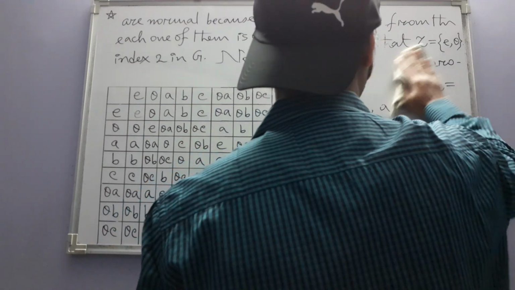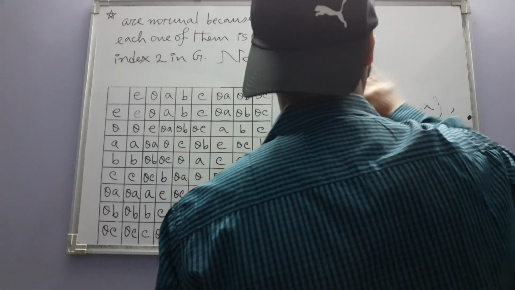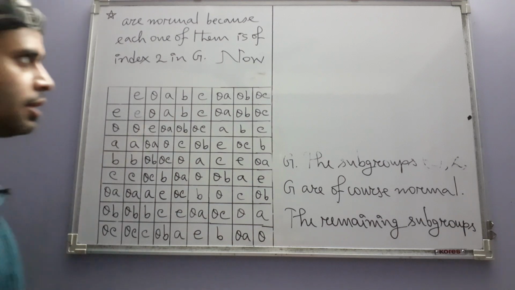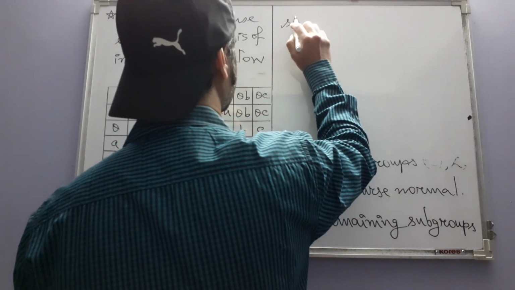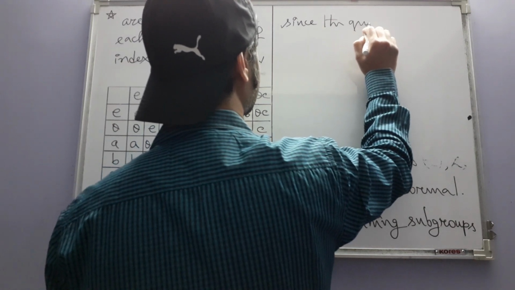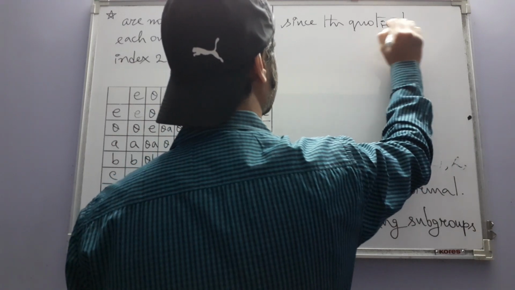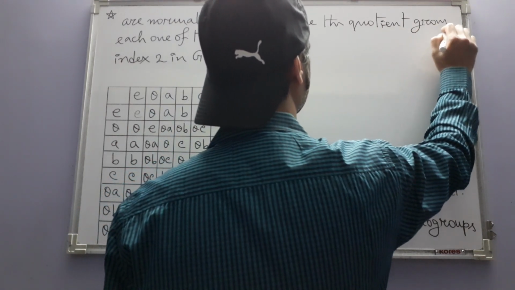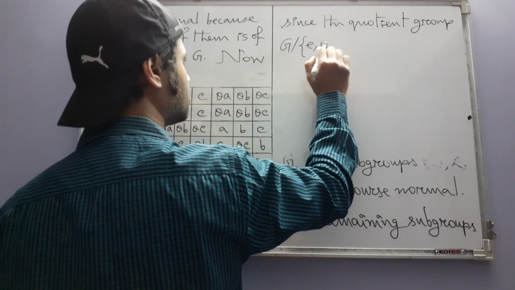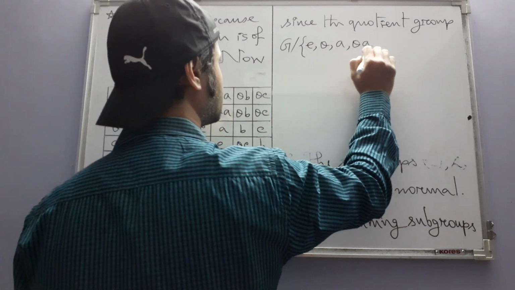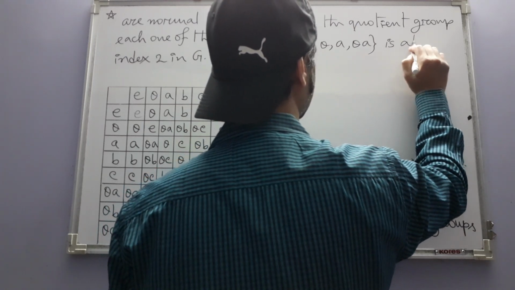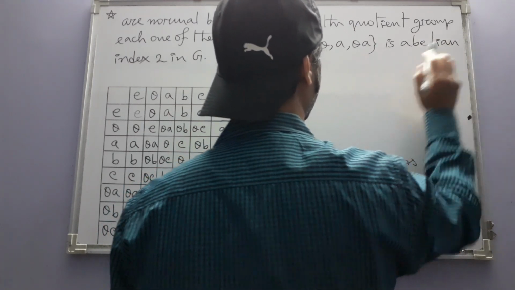You can consider the quotient because now they have been proved normal. Now, this quotient group is abelian.